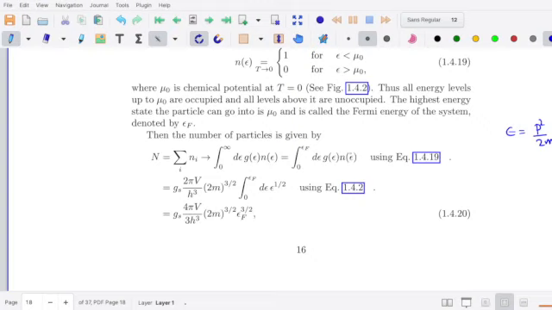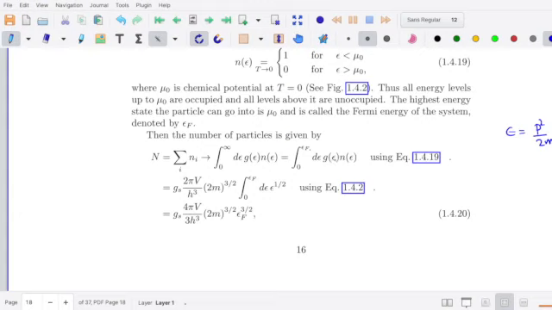It is equal to 1 from 0 to epsilon_F and is 0 beyond. Therefore, the integrand will be non-zero only up to epsilon_F, so we can limit the integral from 0 to epsilon_F. Further, in this region n(epsilon) is equal to 1, so it becomes simple.